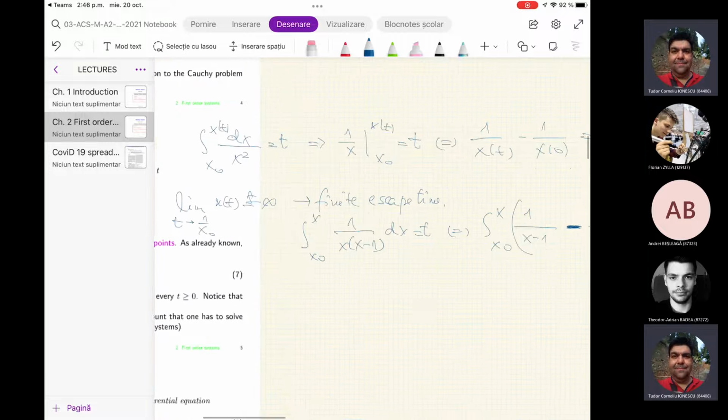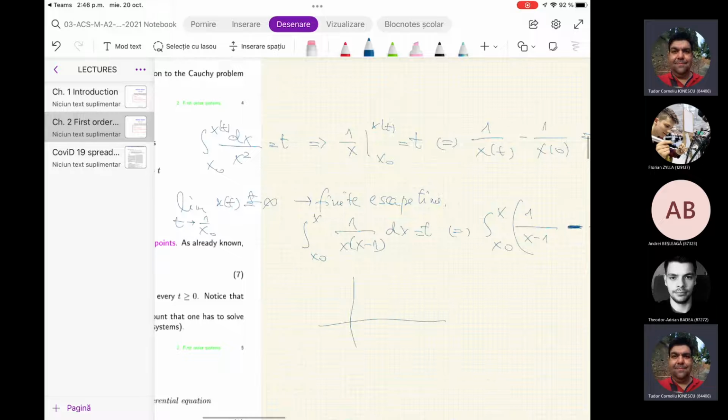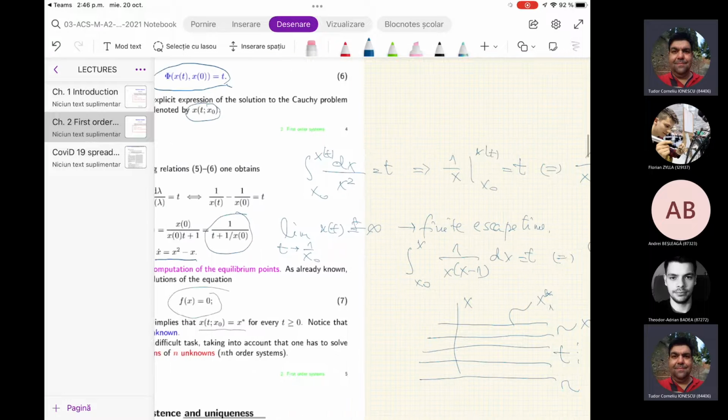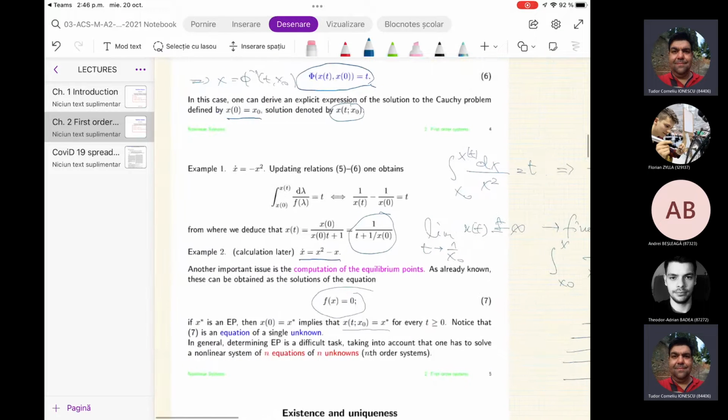So when you have the solution space, this is x, this is time. This is how equilibrium points look like. This is x star 1, x star 2, and so on if you have n equilibrium points. These are constant trajectories parallel to the horizontal axis. This is what the equilibria describe.